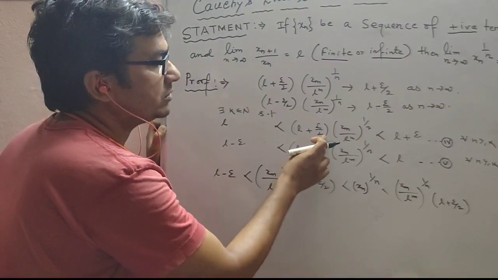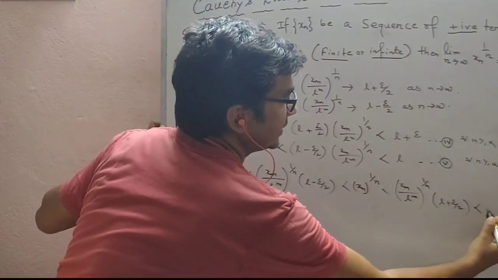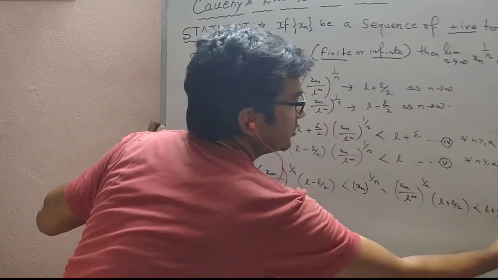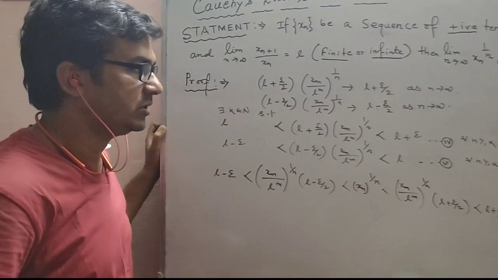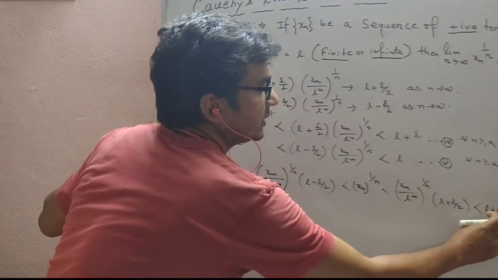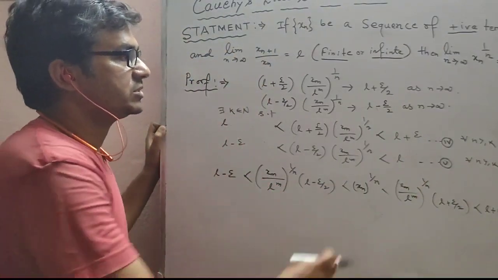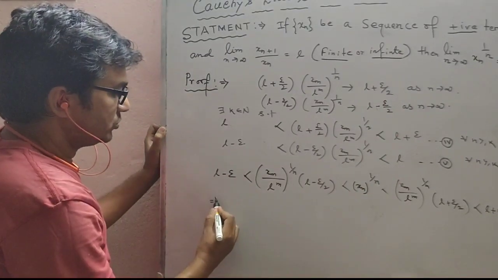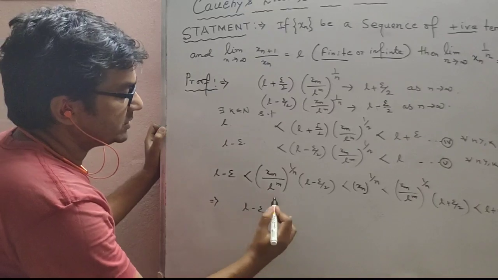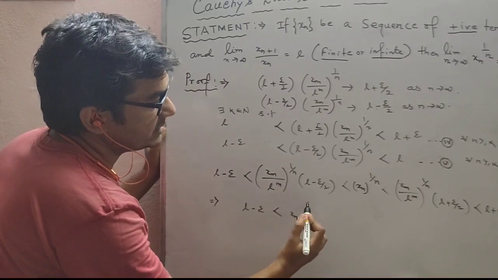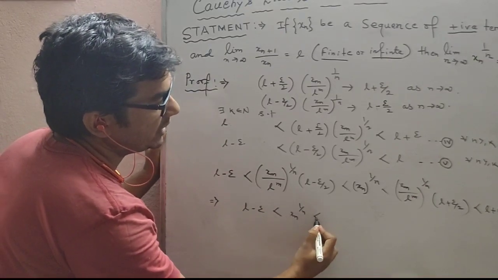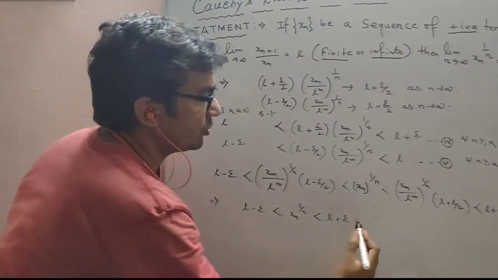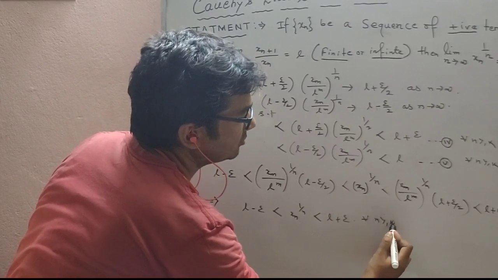And now we take this side L plus epsilon by 2 for all n greater equal to k. Sorry, L plus epsilon, this is not epsilon by 2. That is, we get L minus epsilon less than xn to the power 1 by n less than L plus epsilon for all n greater equal to k.